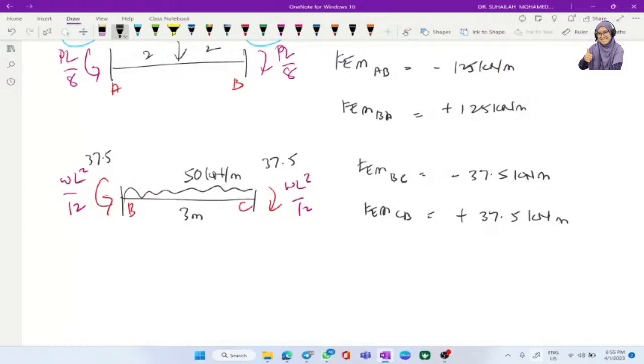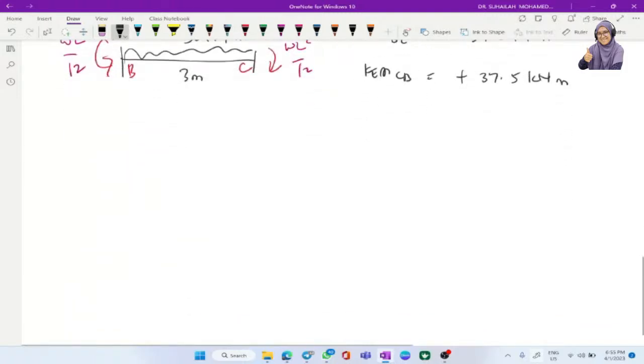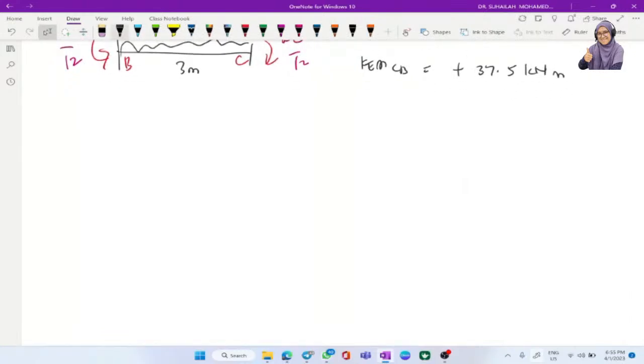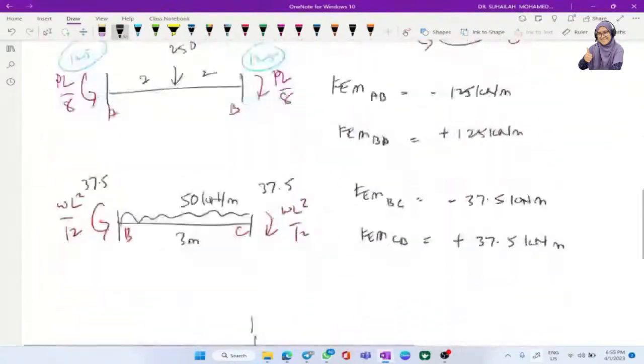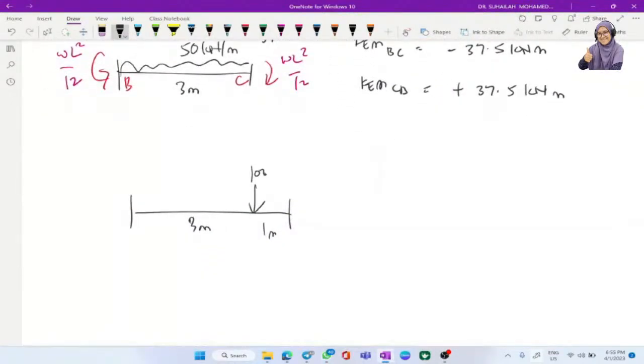Okay, and last one. Refer to the formula of fixed end moment. It is 1 meter here for 3 meter, and it is 100. So the moment acts in the same direction as the counterclockwise.